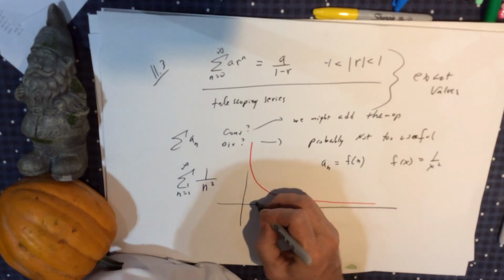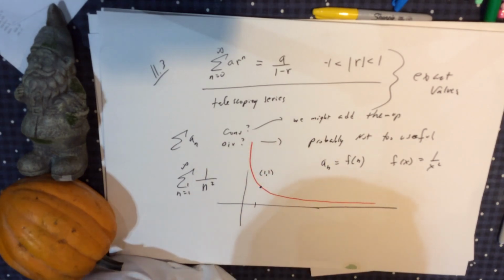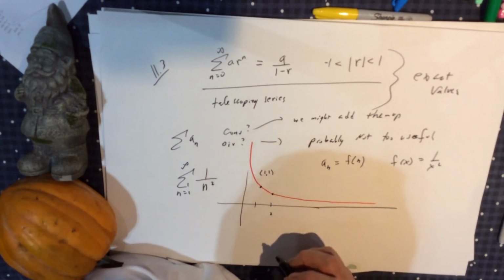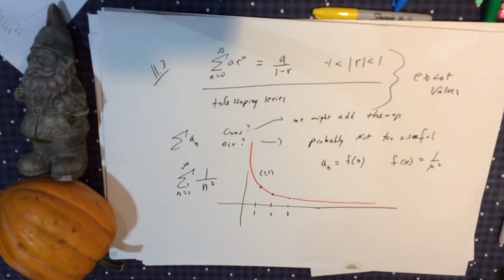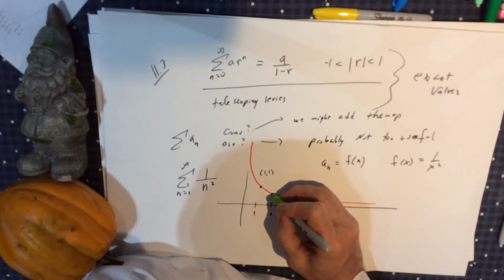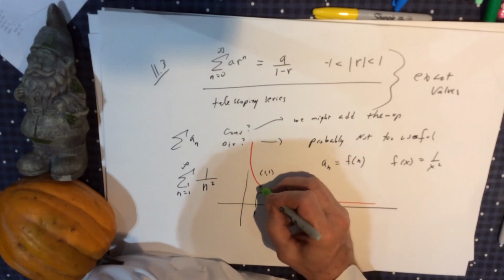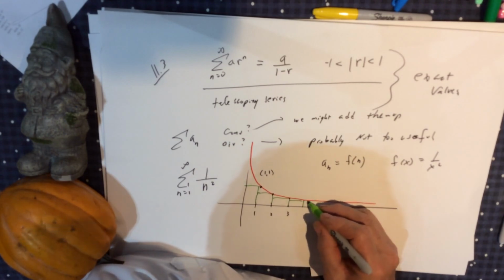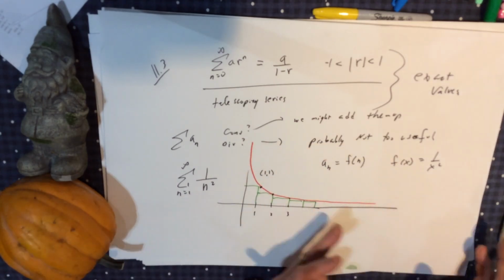First off, I'm going to plug in 1 and get 1 over 1, 1. And then I'm going to plug in 2 and get 1/4. And I'm going to plug in 3 and get 1/9. And I'm going to observe that the lower Riemann sum on the integral would look like this.